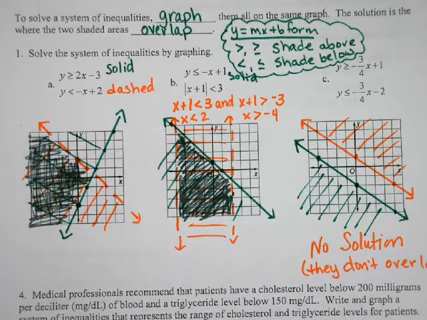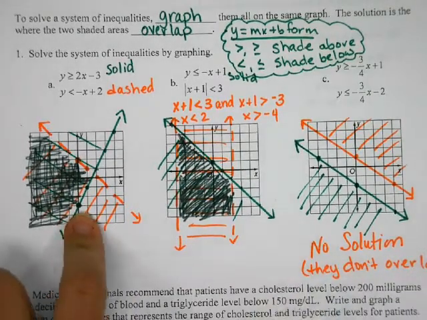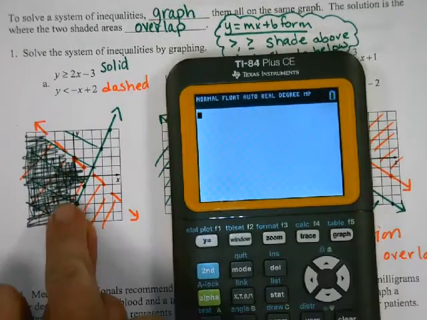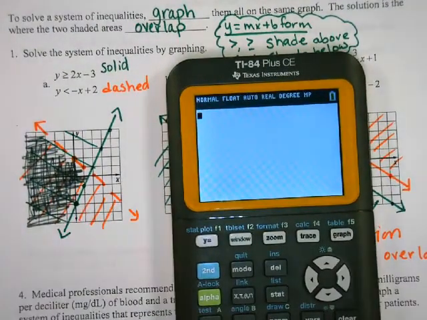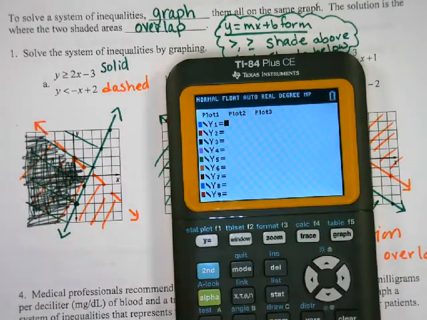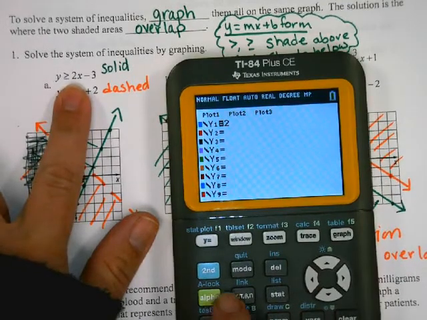Okay, maybe it'd be better if I showed you the first one. I want to show you what this one looks like in your calculator in case you want to check it. Does that make sense? So, let's go back to one and let's just put this guy in our calculator to check it. Alright, I'm going to put in 2x. X is next to the green alpha button.